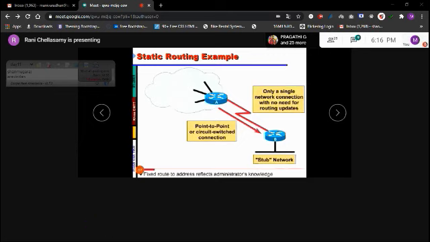So why does the need for dynamic routing come? If any changes occur in the network or in the topological structure, then an alternative path has to be chosen. So we are moving to the dynamic routing protocol.